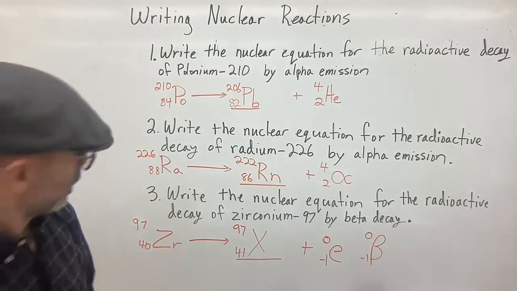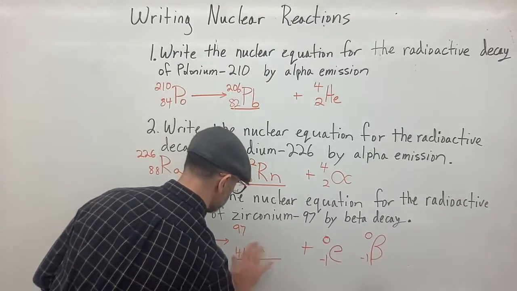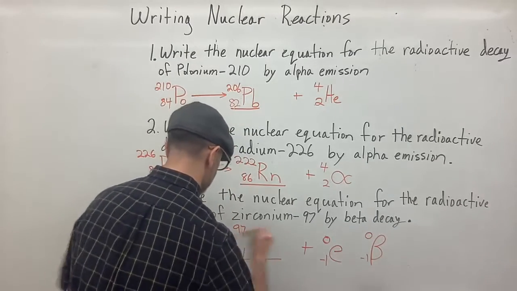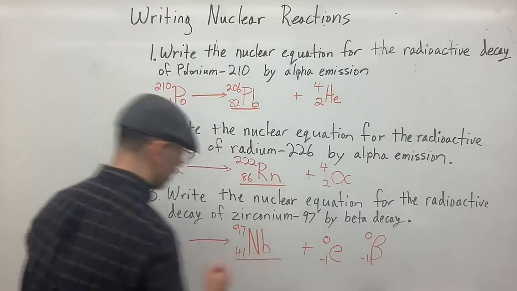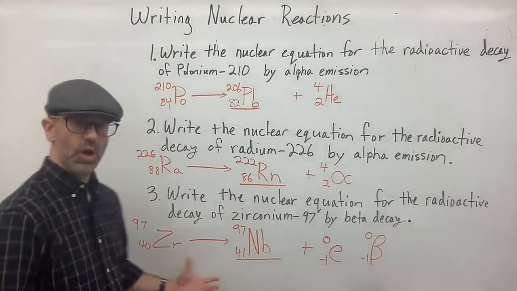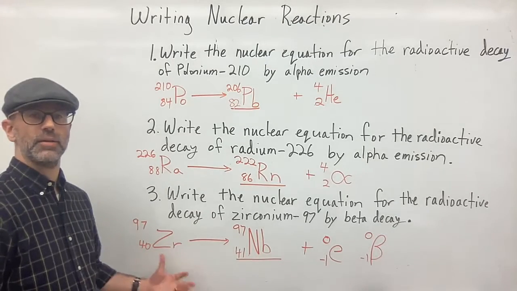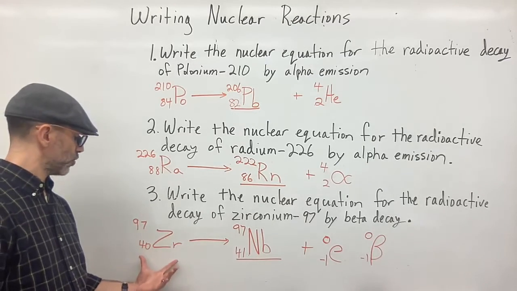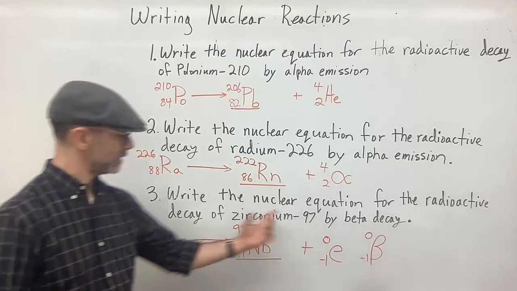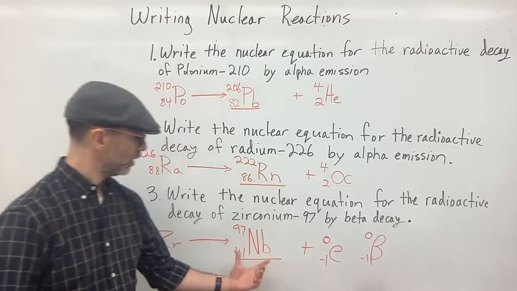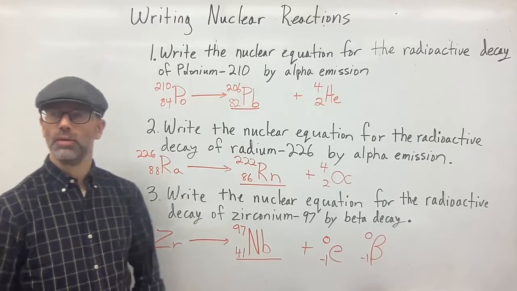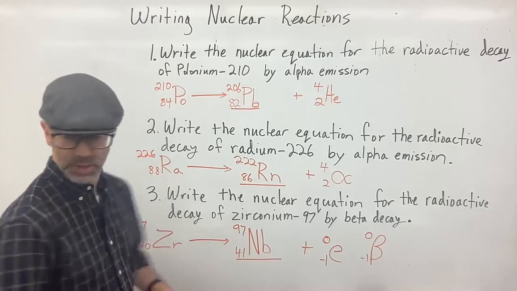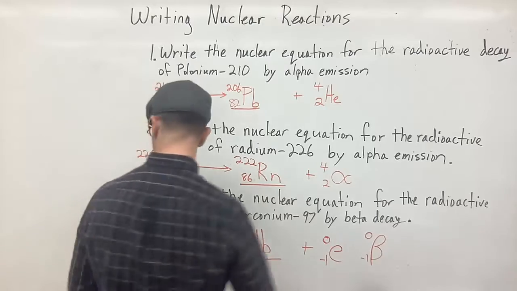So NB. So our symbol is capital N, small b. So this is the equation of the nuclear reaction where zirconium-97 releases a beta particle, and this is what you're left with. Okay, I'll do one more, but I have to erase my board.